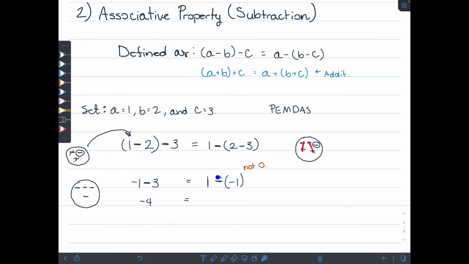Why? Well, we have a minus outside the parentheses. So once we distribute, let's think of it this way.